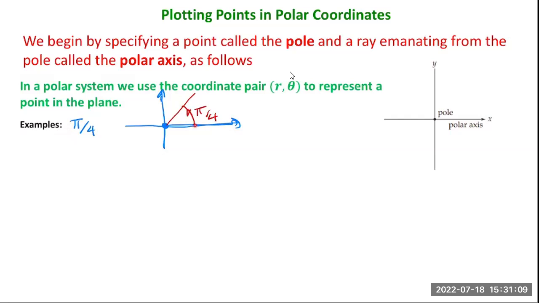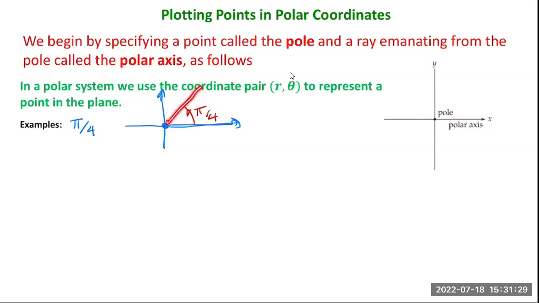Notice that this total angle is pi over 2, so half of that should be pi over 4. Now, what I mean by the direction specified by pi over 4 is this direction. You draw this ray emanating from the pole, goes through the angle pi over 4.